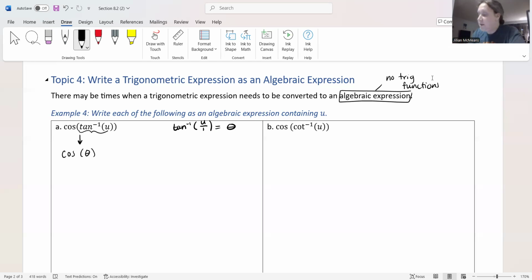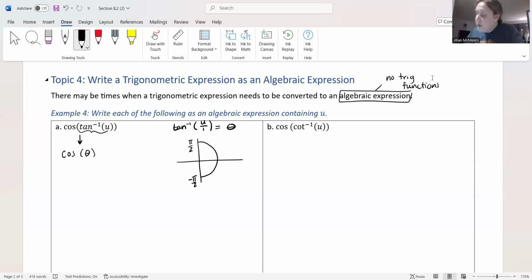So let's think about this. Inverse tangent, we should hopefully be really familiar with at this point. It has a range restriction of negative pi over 2 to positive pi over 2. Okay, so that means we're limited to quadrants 1 and 4.